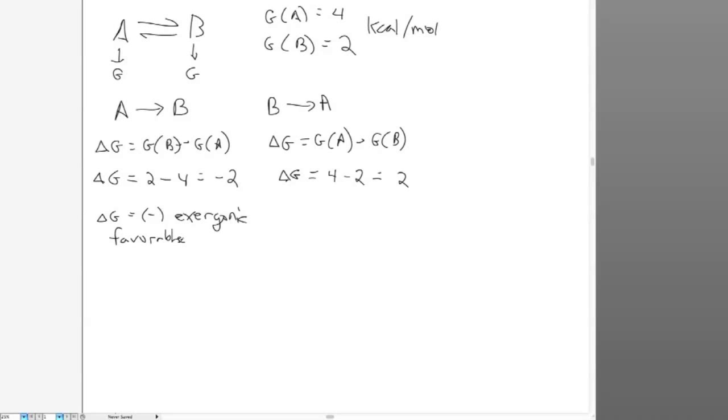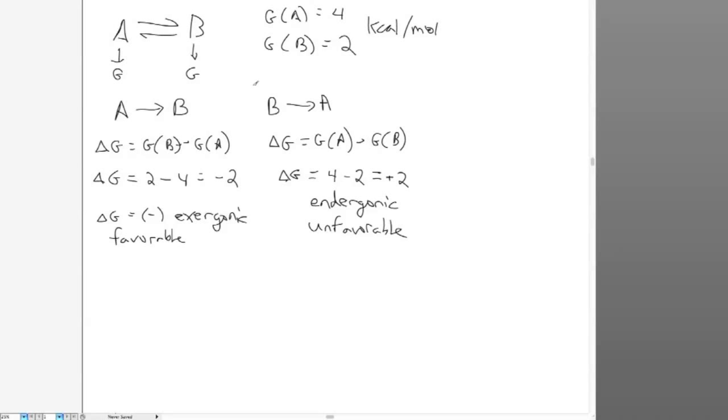Over here, you can see that the change in free energy is a positive value, plus 2. And that means that this reaction is endergonic. Endergonic means that it's unfavorable and it would require energy to occur.